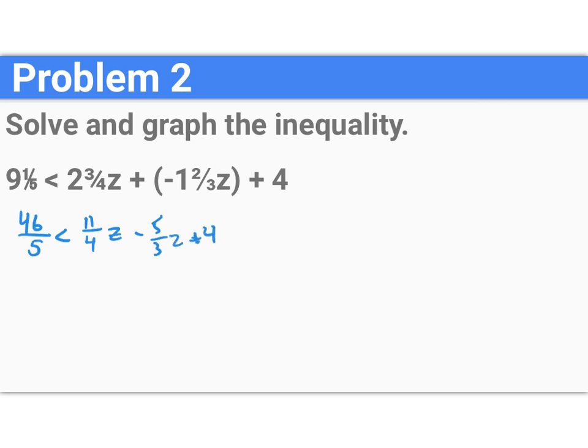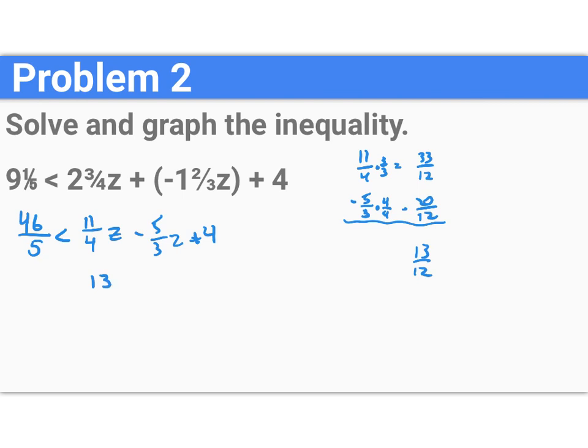Let's do our fraction math off to the side. 11 over 4 minus 5 over 3. 4, 8, 12. And we got to go to 12 to find the lowest common number. 33 over 12 minus 20 over 12 gives us 13 over 12. Because we subtracted.